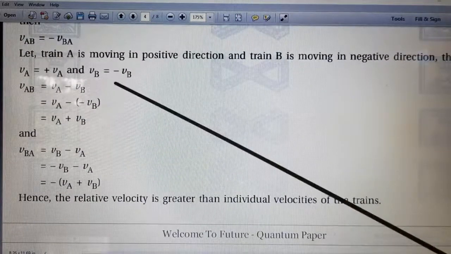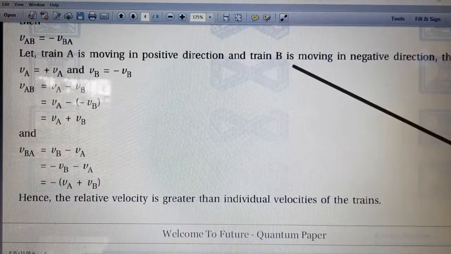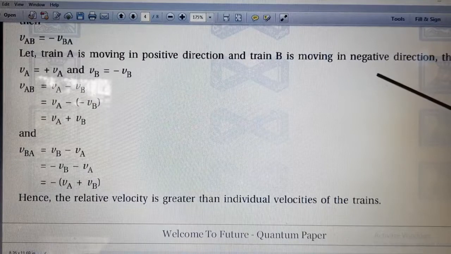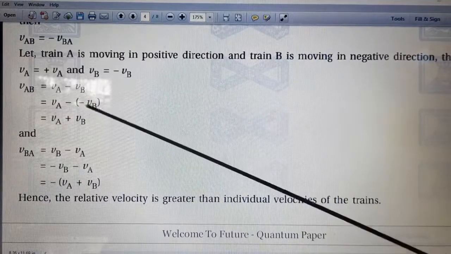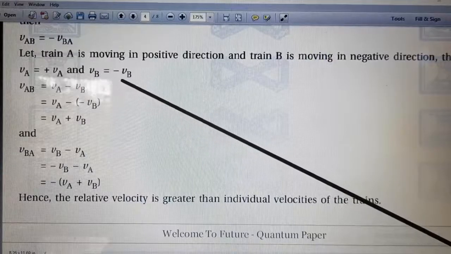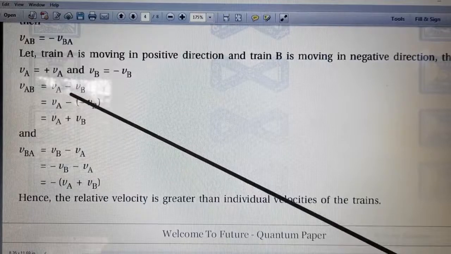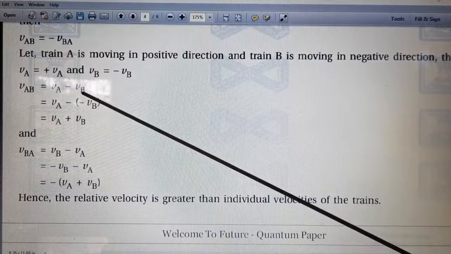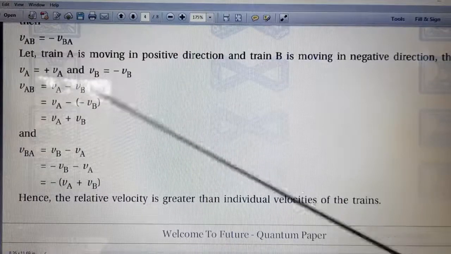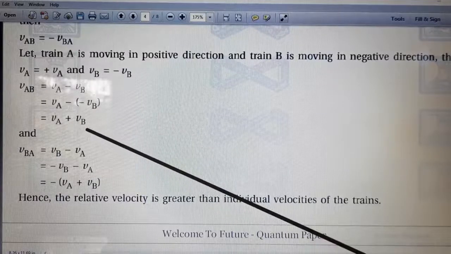Let train A move in the positive direction, but train B move in the negative direction. Then we can write VA is equal to plus VA and VB is equal to minus VB. So friends, we can write VAB is equal to VA minus VB according to our formula. But here VB is negative, means negative negative is plus. So we can write VA plus VB.